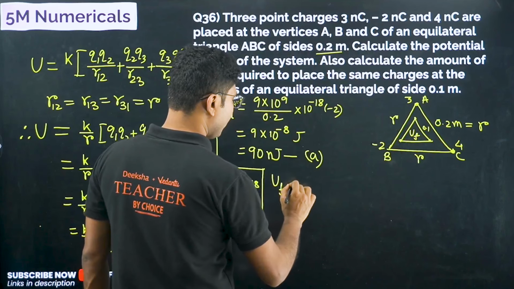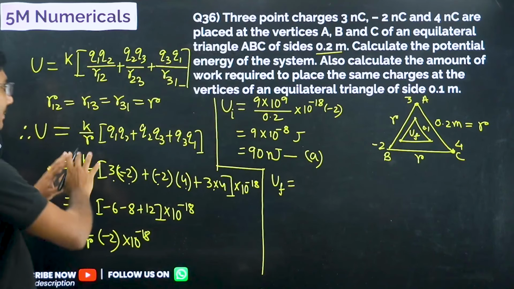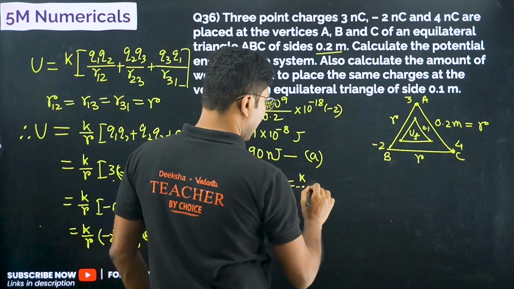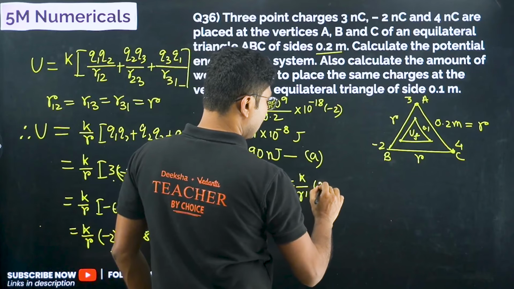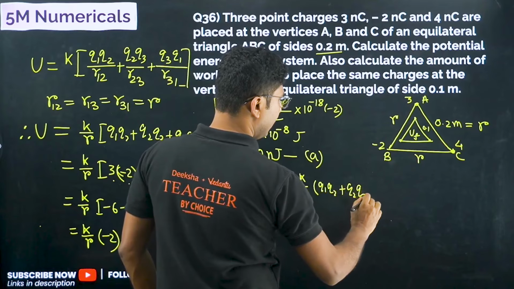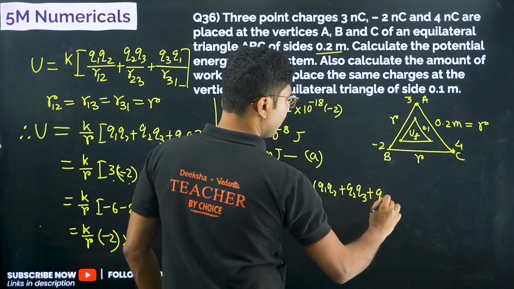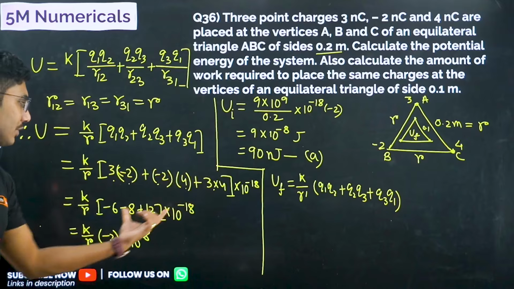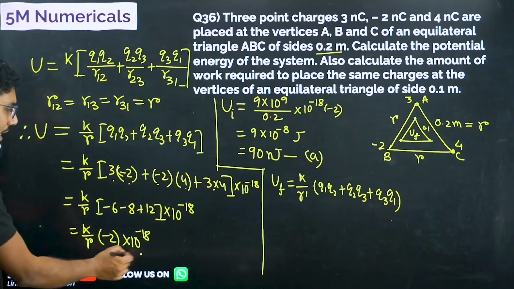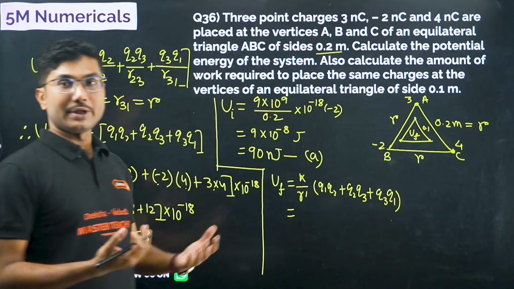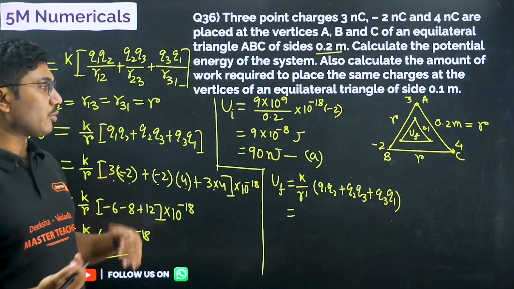What is the formula for final potential energy? Everything is same. Okay, only the distance will be changed. So K by R dash, Q1 Q2 plus Q2 Q3 plus Q3 Q1. Now that's why I have done this calculation like this, so that you can write the answer in one line. Okay, this is why you have to be careful, same formula is being used once or twice.